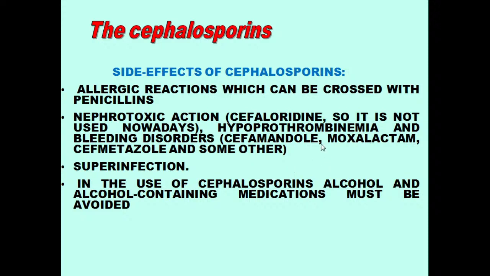For second generation, superinfection, and in the use of cephalosporins, alcohol and alcohol-containing medications must be avoided, because these drugs inhibit metabolism of alcohol, causing accumulation of toxic acetaldehyde in the organism. But principally, in treatment with any drugs, alcoholic drinks are contraindicated.